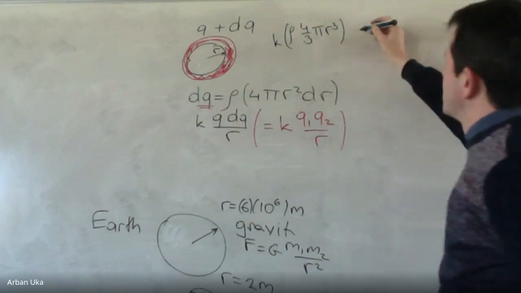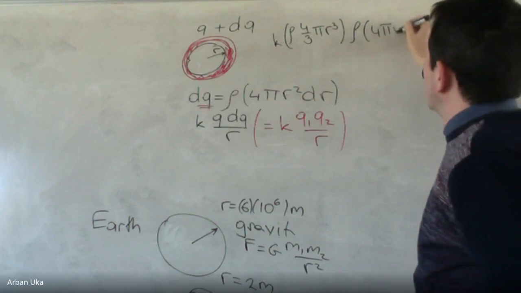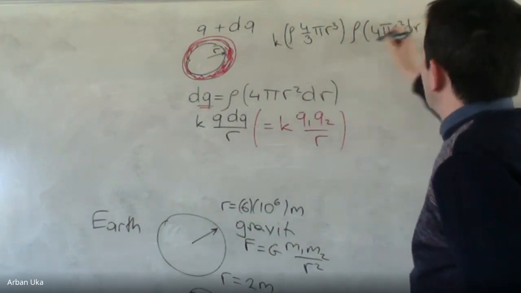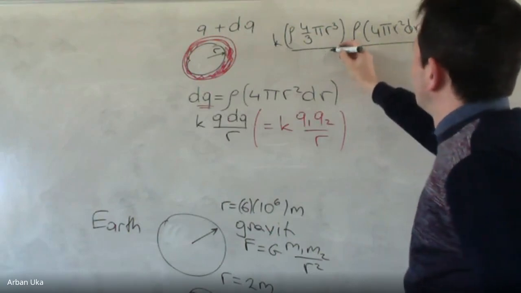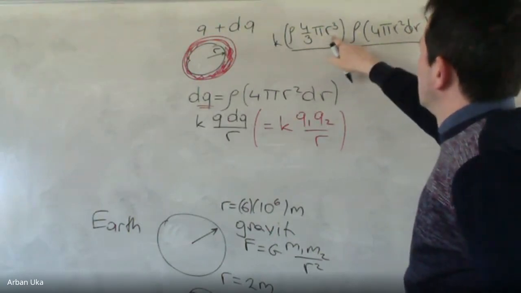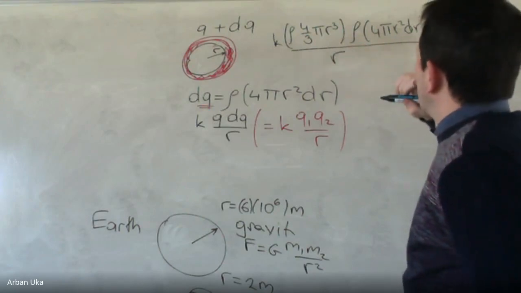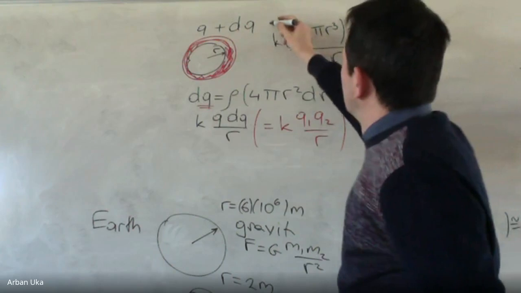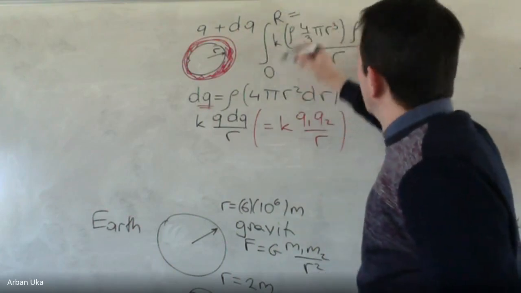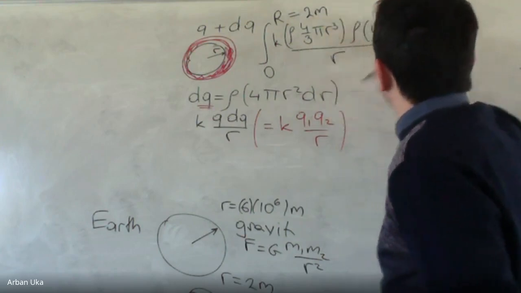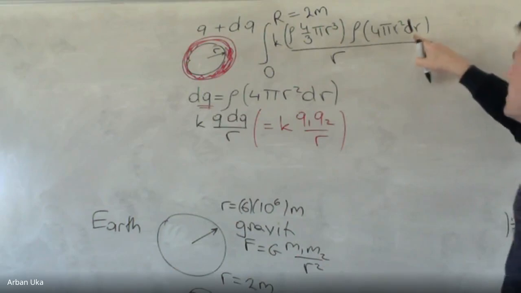There's the Q that was there. The dq that we are adding is 4 pi r squared dr. This whole thing is divided over r. So we see here a dr term. Okay? This is the dr term.